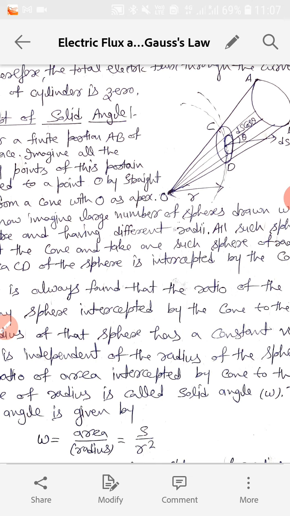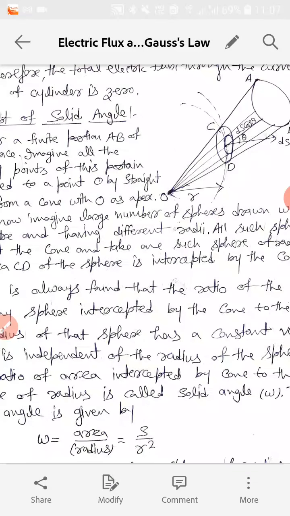What it means is, the area of the sphere which is cut by that cone, to the square of the radius of that sphere, that ratio always has a constant value, okay, and this constant value is independent of the radius of the sphere, okay.